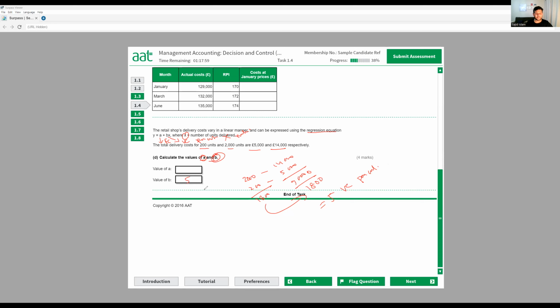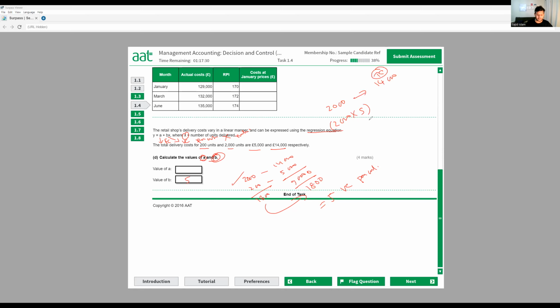That's 5. We have to find the fixed cost. That is A. How do we find it out? You can pick any one. So let's take 2000. So 2000, the cost is 14,000. That's the total cost. Total cost means variable plus fixed. Now I'm going to take out all the variable cost, 2000 times 5, and the remaining will be my fixed cost.